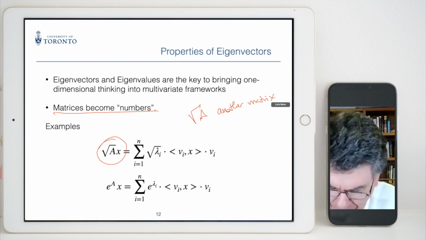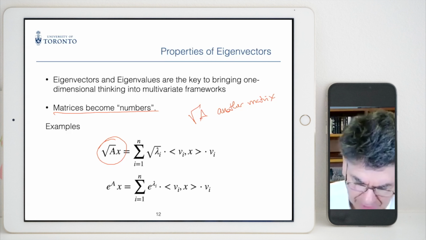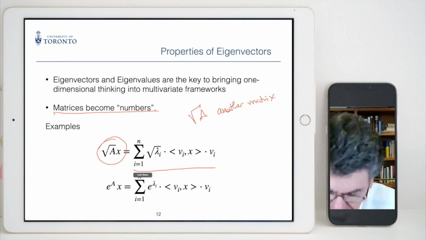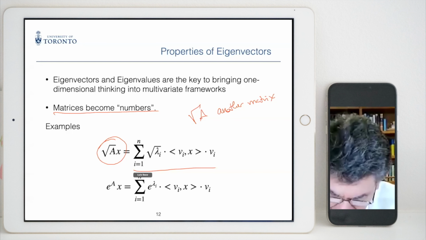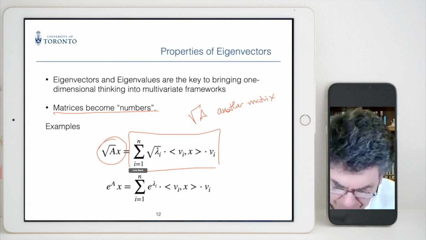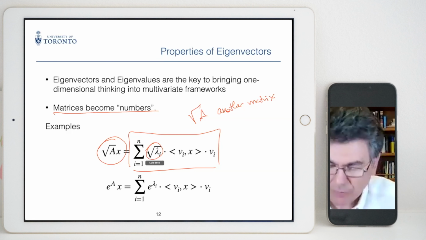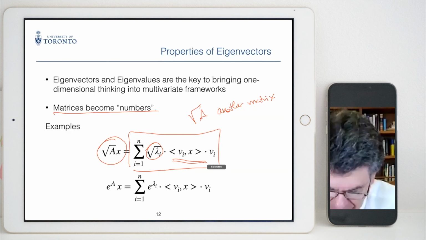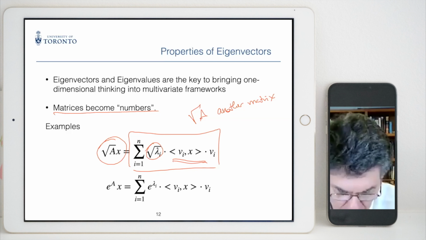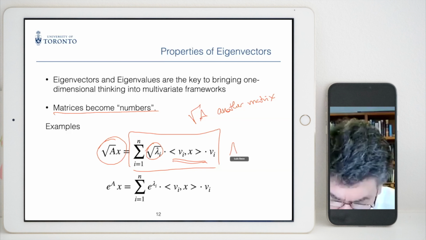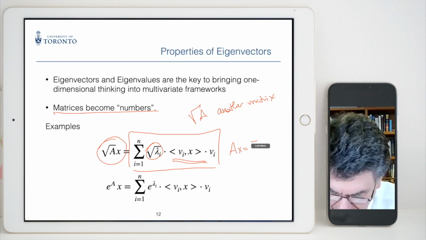And this matrix is expressed like that. A matrix is a transformation, and this is my transformation right here. I do it by taking the square root of the eigenvalues and keeping the matrix as is. You probably know that matrix A times X is also this.